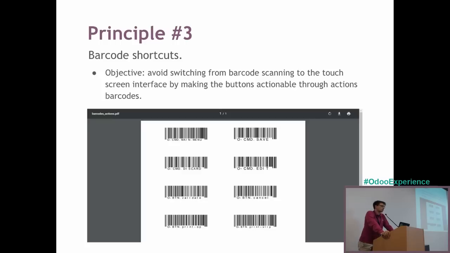This way, you make sure that the operator only uses the barcode scanner and does not have to touch the screen or use the backend interface to process the picking. So that's the third principle.